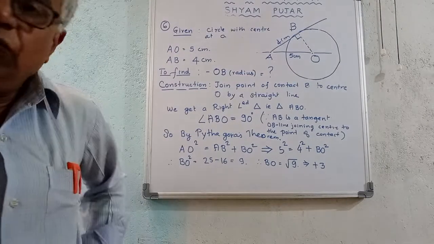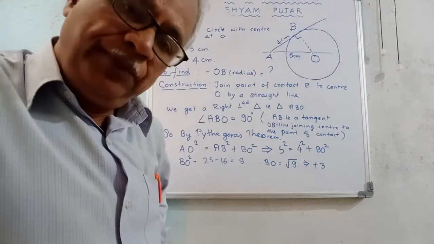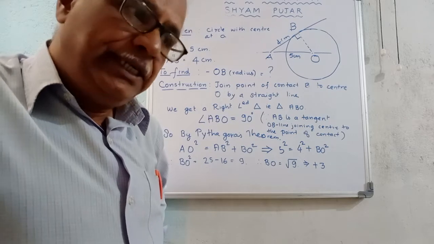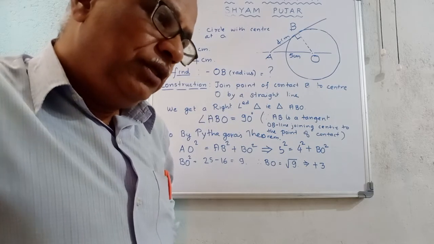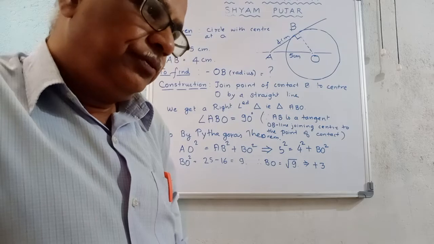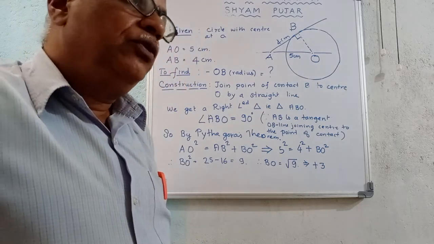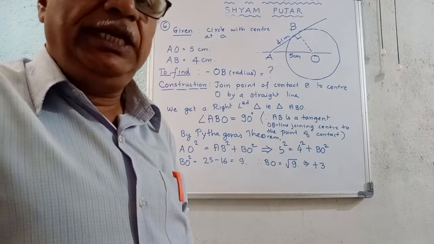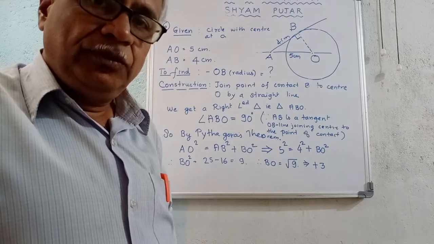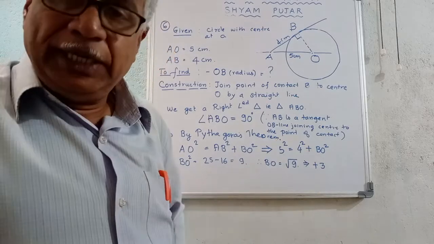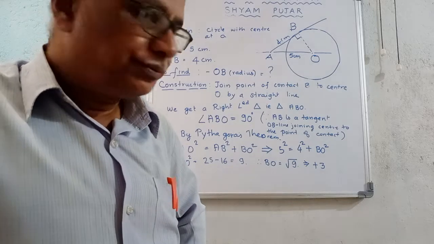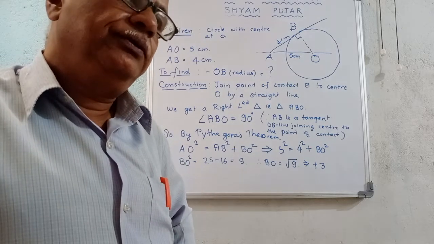Then why did I write plus 3? Because strictly speaking, in mathematics, when BO is equal to square root of 9, we should get two answers, plus 3 and minus 3. Can we accept minus 3 as the answer? No. Why?